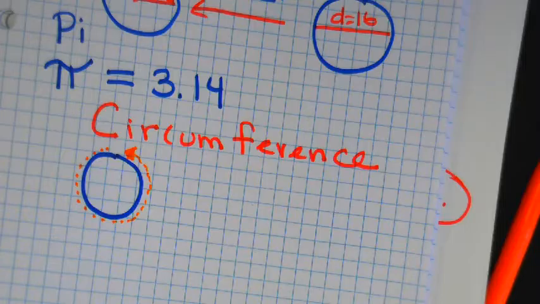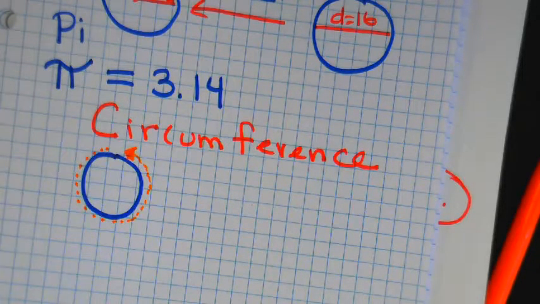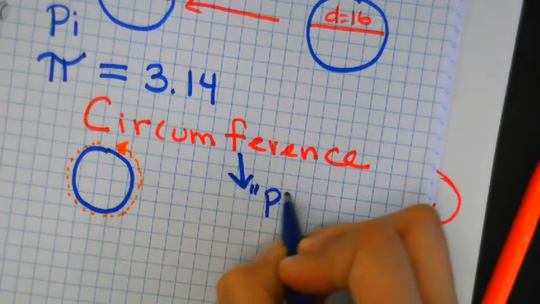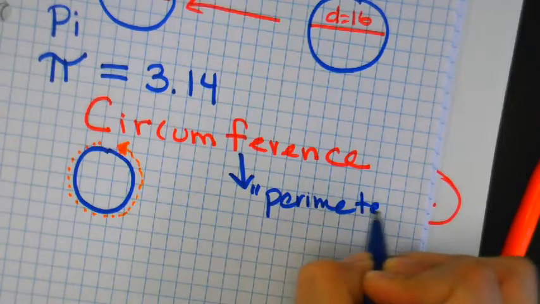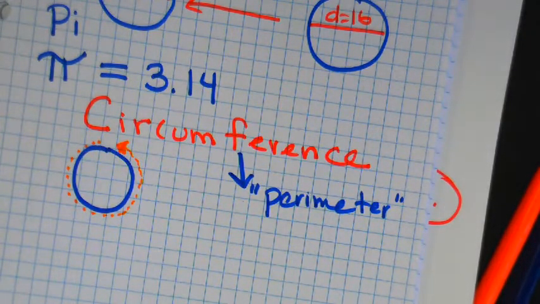Now, in math, what do we refer to when we talk about the outside of a shape? Perimeter. So, circumference is just a fancy word for perimeter. It's the outside of the circle. But, of course, we don't call it perimeter because we got to make math hard.